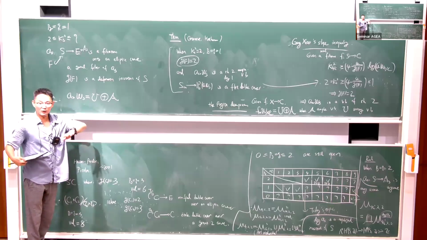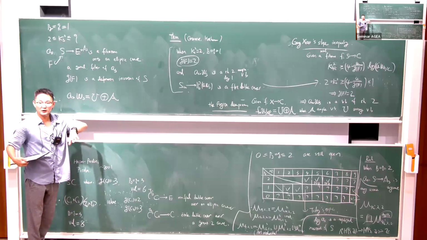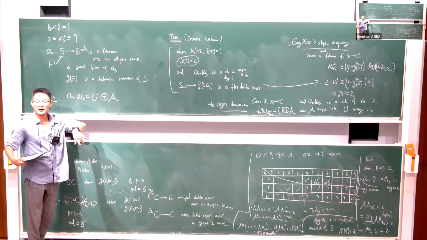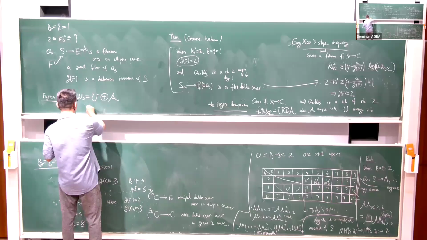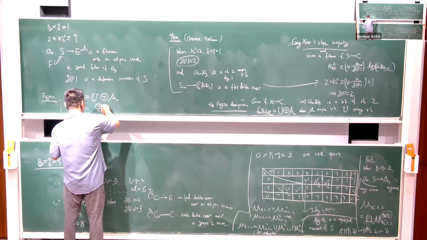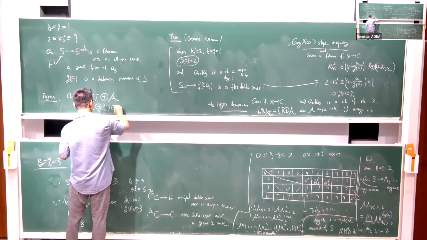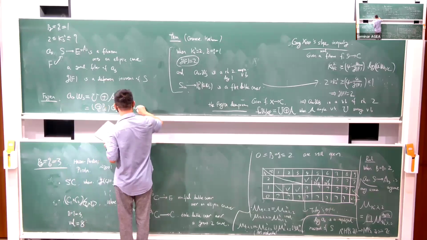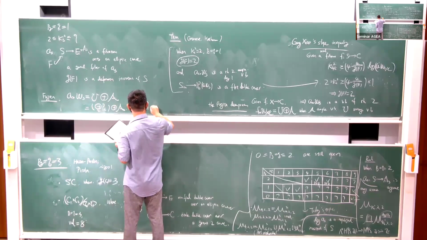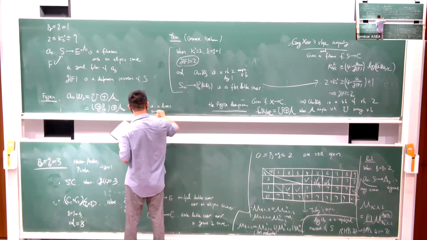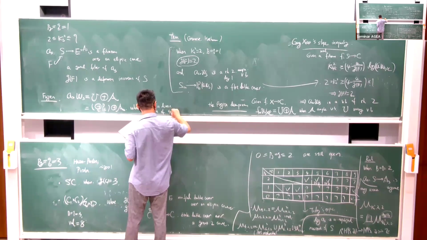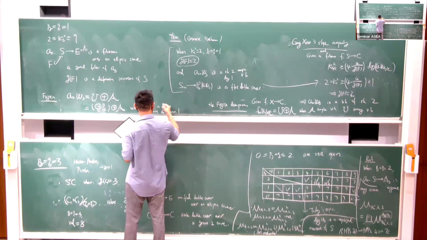So all the irreducible representations have dimension 1. So this unitary part can be read as a direct sum of torsion line bundles.